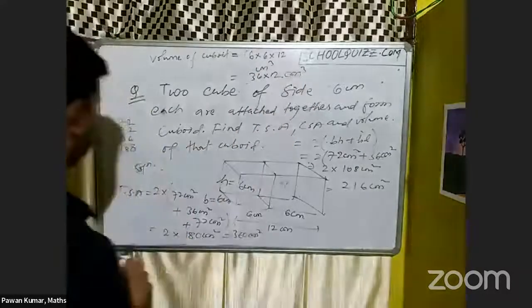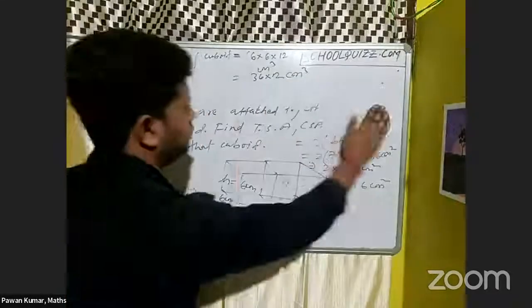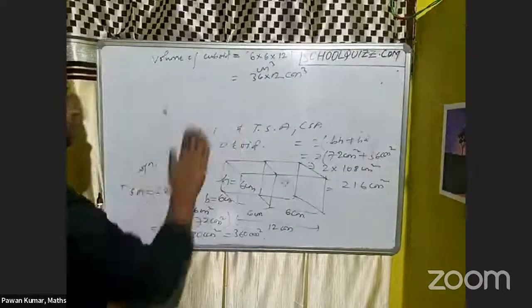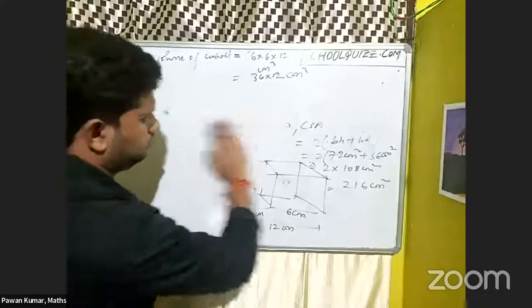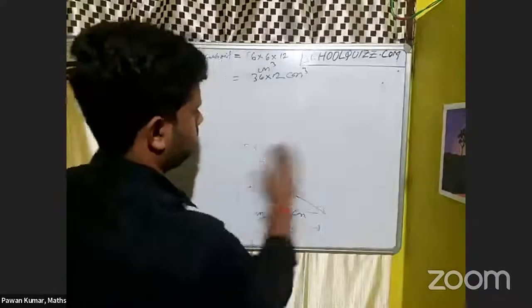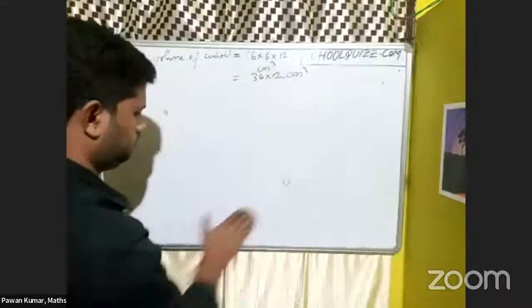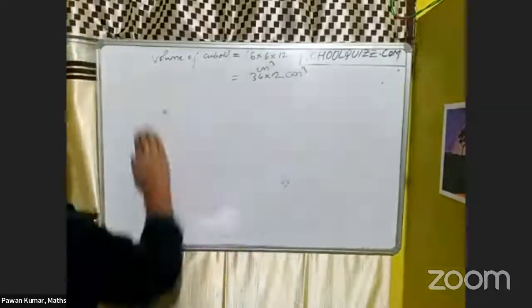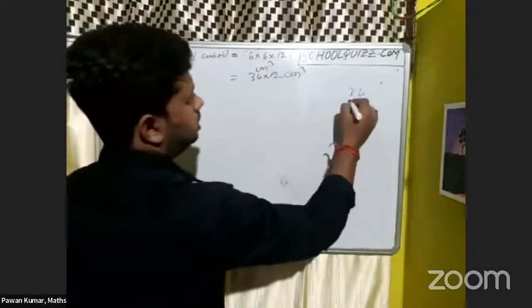How much are you getting there? 36 into 12, how much?